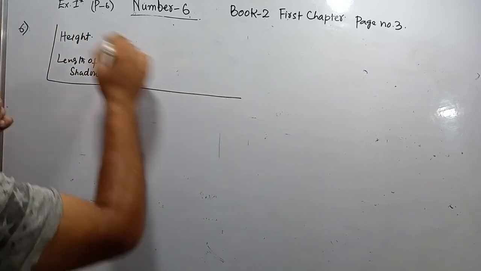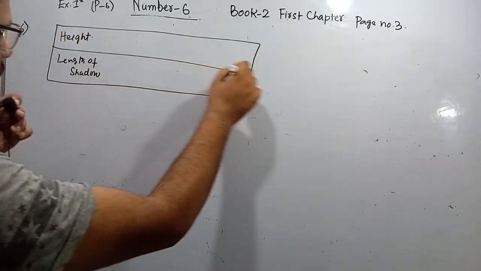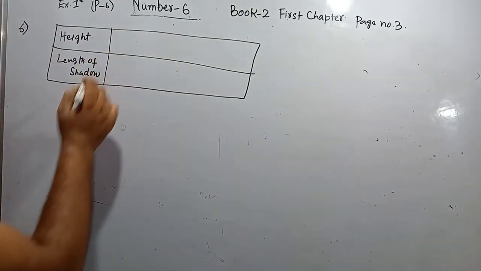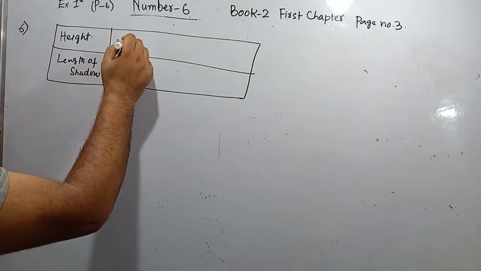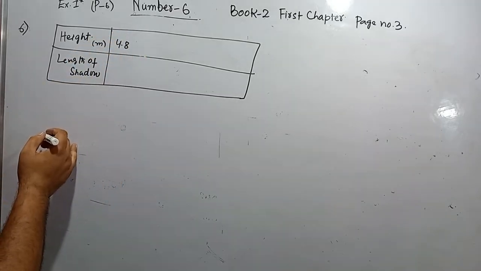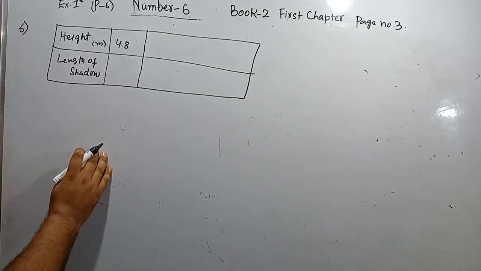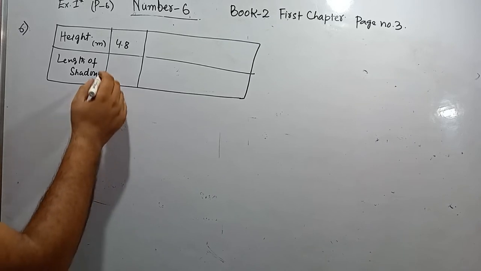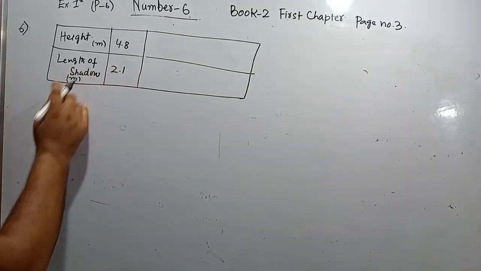You can see in the question the given height is 4.8 meter, height is in meters, and the 4.8 meter tall lamp post has a shadow of 2.1 meters. Here it's 2.1, also in meters.